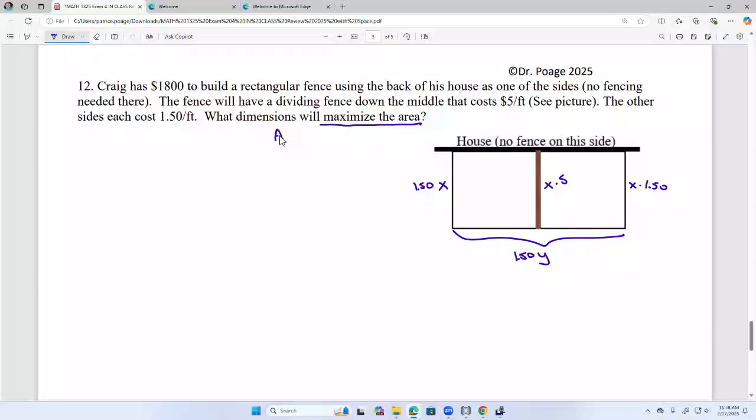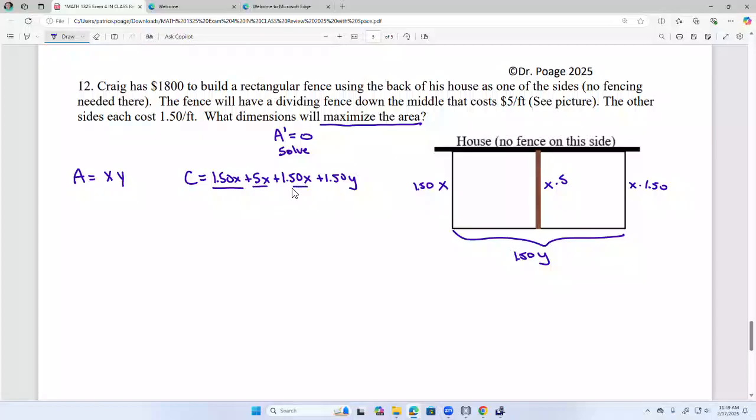So my goal is to take the derivative of the area, set it equal to 0, and solve. First, I'm going to write out my two equations. My area is length times width, so that's x times y. And then my cost equation: if I add all this up, I have $1.50x plus 5x plus another $1.50x plus $1.50y.